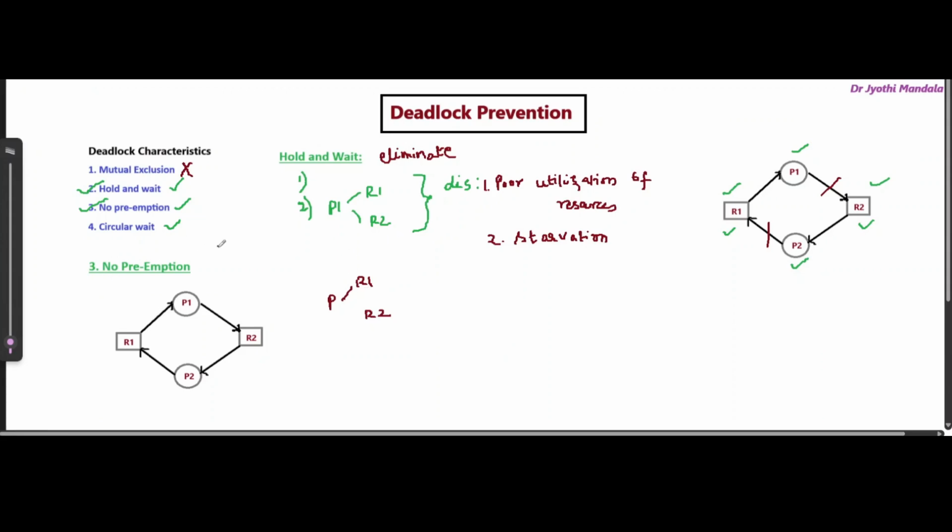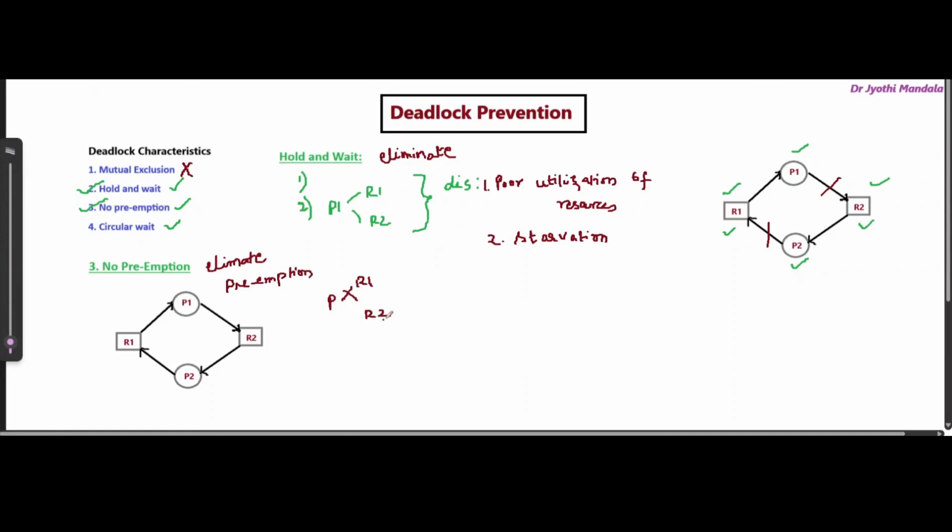Now, in no preemption, how can it be eliminated? We should not have no preemption, we should have preemption. Preemption is nothing but, if the requested resource, in our case R2, is not available to be allotted to the process, then forcibly R1, which is held by P1, should be preempted, which should be released. I hope it is clear to you all.